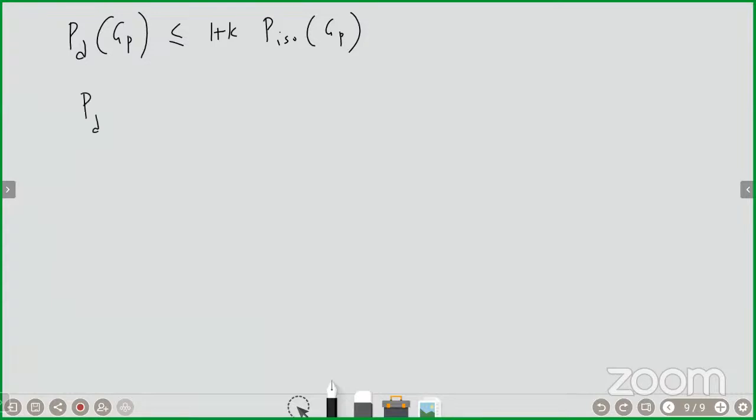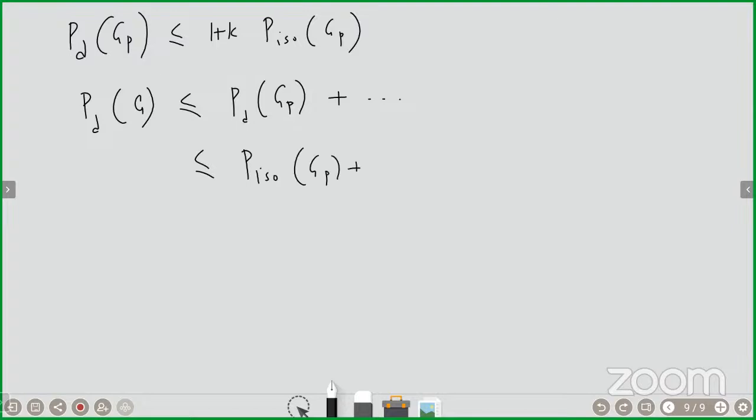Now, what we are going to do is show PD of G is less than PD of G_P plus some terms which only depend on n. This is what I really want to show.